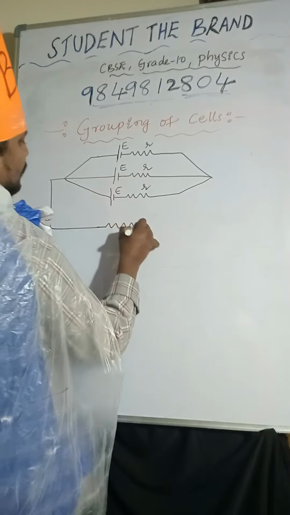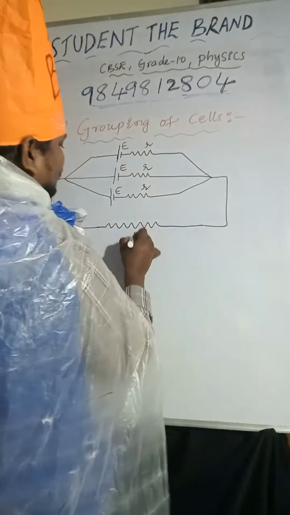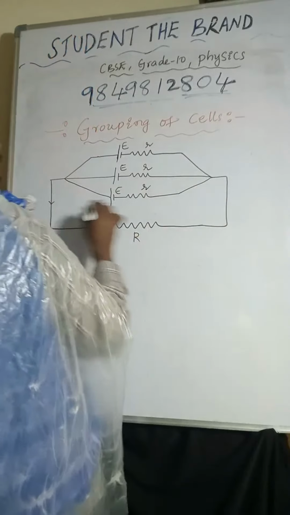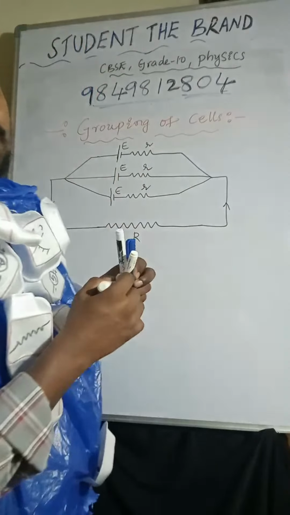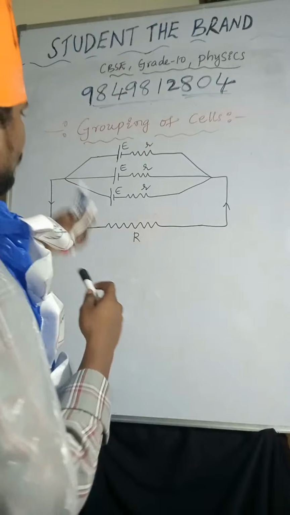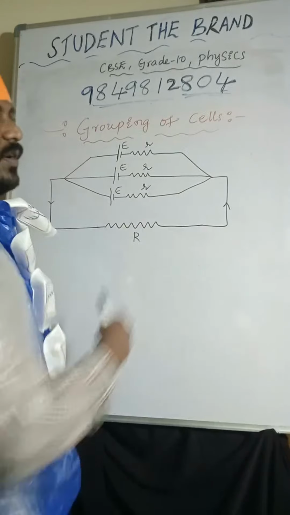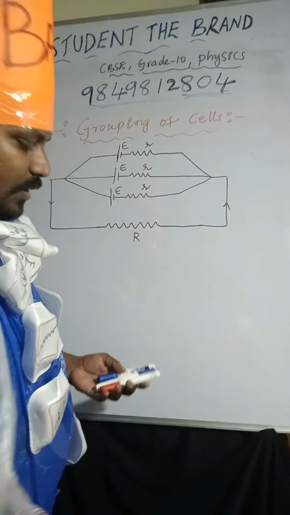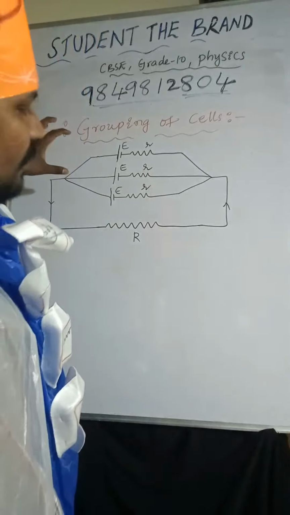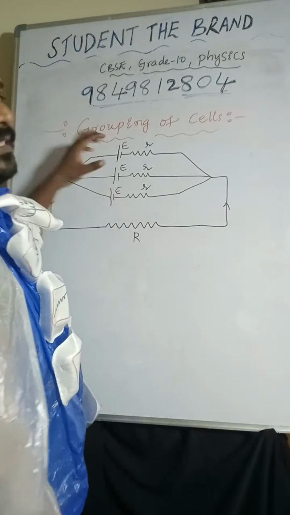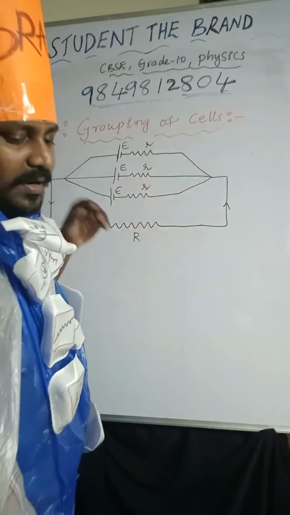Those cells are connected to the external resistance R. So current is flowing. Now you can observe here all positive terminals of the cells are connected to one point, all negative terminals of the cells are connected to another point.